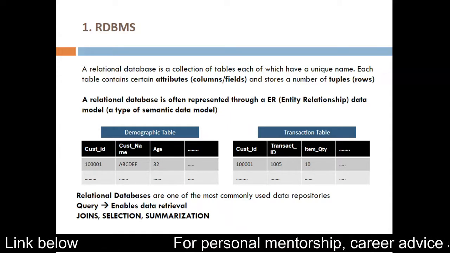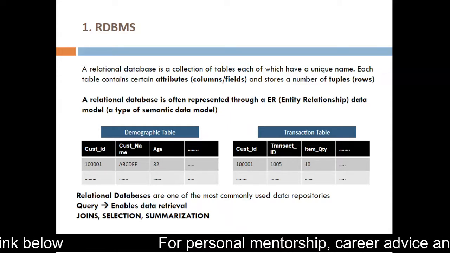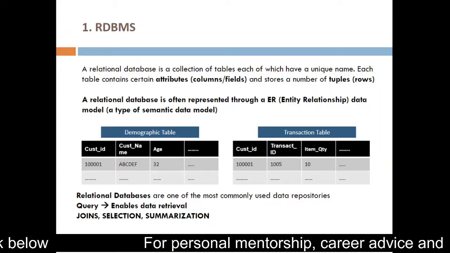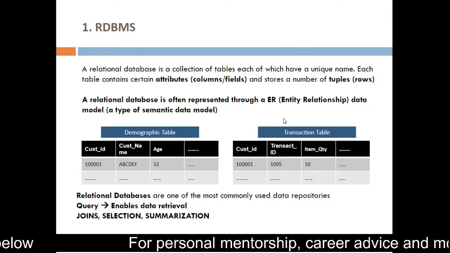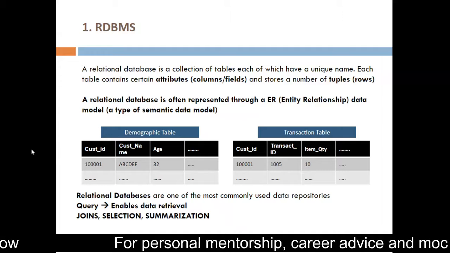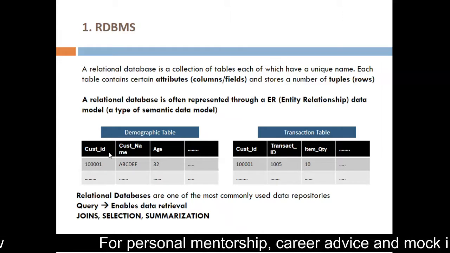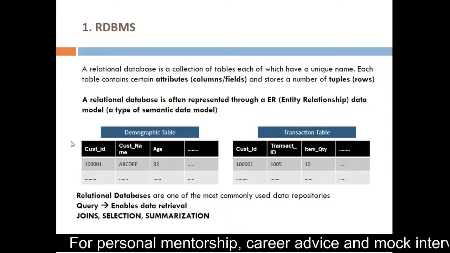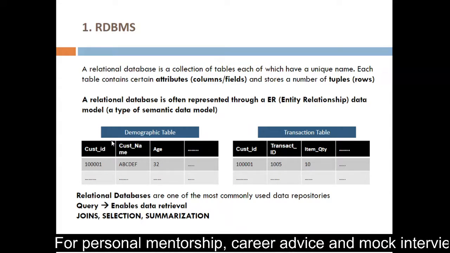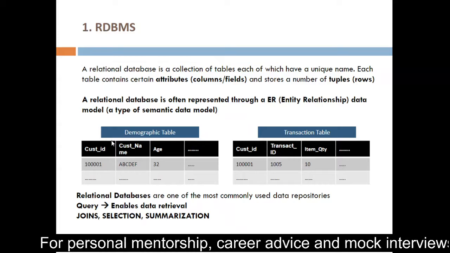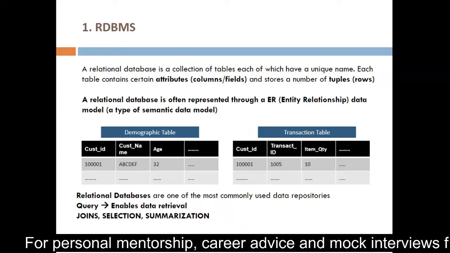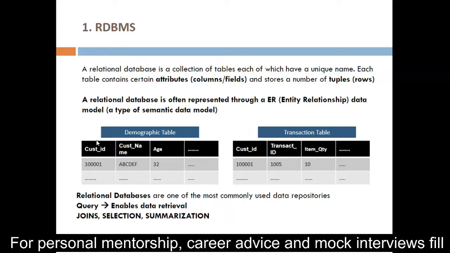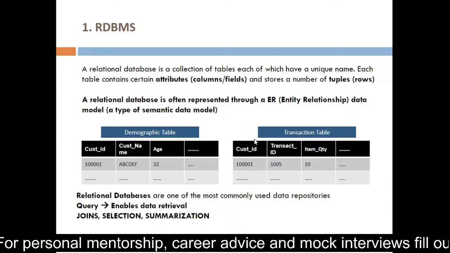Now, what a relational database talks about is that there's a relation between the demographic table and the transaction table. As you can see, there's a common key here, which is the customer ID in both the tables. A key is basically a unique identifier in multiple tables, which helps us relate one table to another.